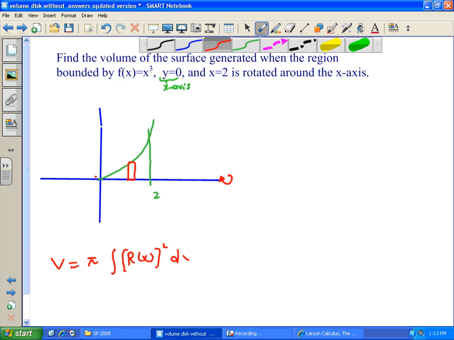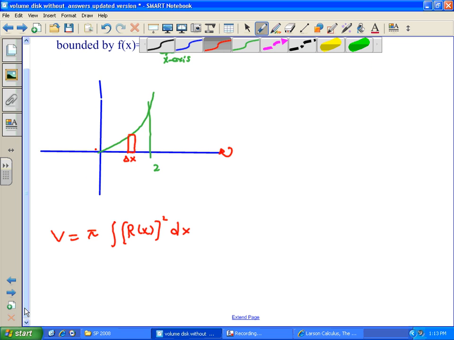Now how do I know it's going to be dx? Because the thickness of the rectangle is delta x, right? So I know that I'm going to be using the x version of the formula. And the limits of integration will come from the x-axis, in this case 0 to 2. So what should I be writing for my r of x?